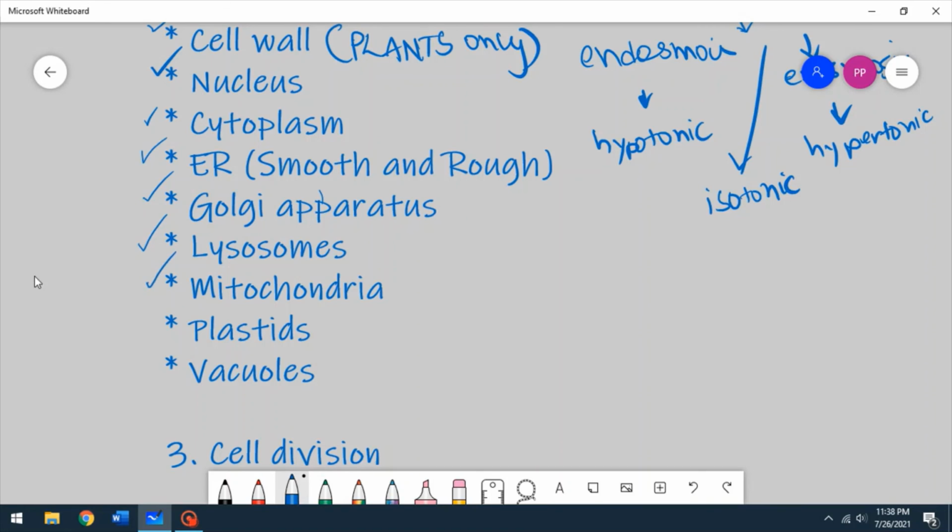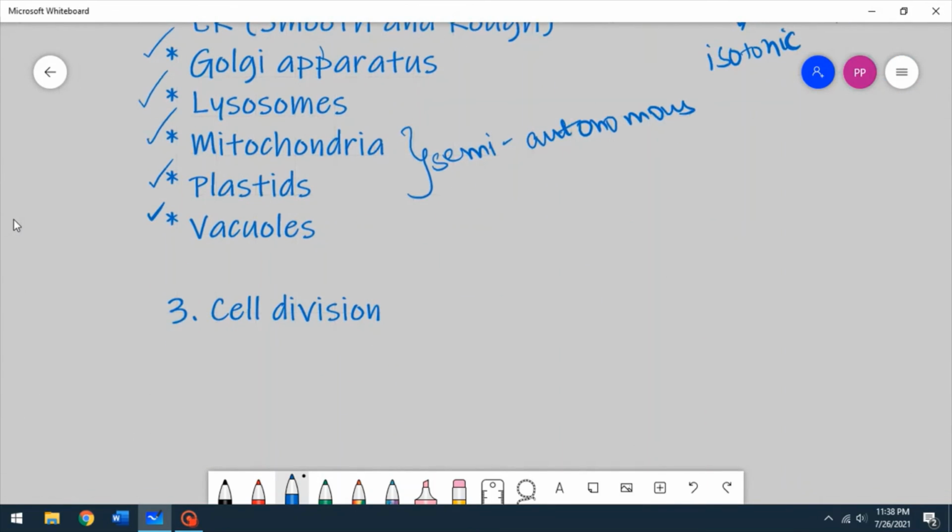We learned about mitochondria, which are the powerhouses of cells. We learned about plastids, chloroplasts, chromoplasts, and leucoplasts. These two are known as semi-autonomous organelles. And then we learned about vacuoles, which are present in small sizes in animal cells and big sizes in plant cells. And then we learned about cell division.